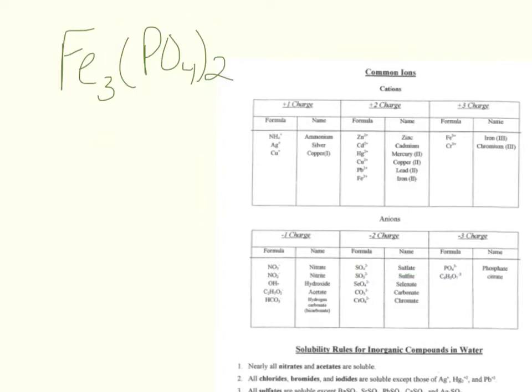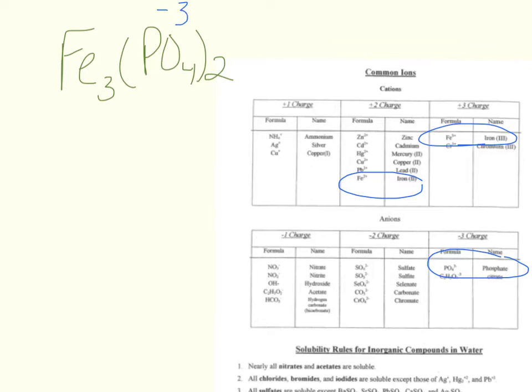For this compound, Fe3(PO4)2, you're going to need to be a little bit more careful because iron is one of those elements that's not in the A group. So we're going to be looking at our 2 irons, and we need to figure out which iron this one is. Is it iron 2 or iron 3? In this case, you always look at what the anion is, or the second polyatomic ion. So PO4 is a -3 ion.